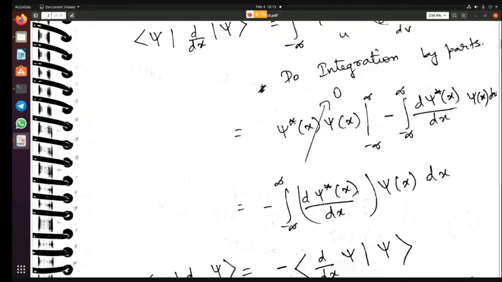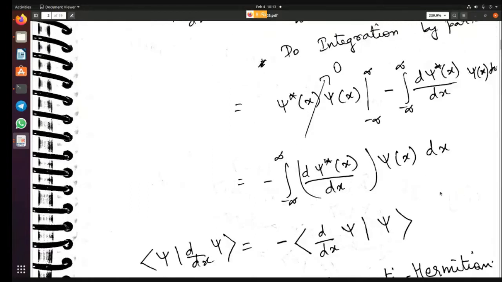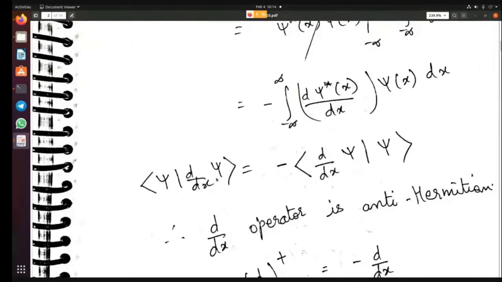This is integrated from minus infinity to infinity over dx. Ultimately, what you're getting is this form. If you write it in terms of the bracket formalism, this is d by dx of psi on the bra side, and on the ket side you have just psi, with a minus outside. Essentially this tells us that the d by dx operator is anti-Hermitian. If you apply it to this side, it is fine, there is no change.